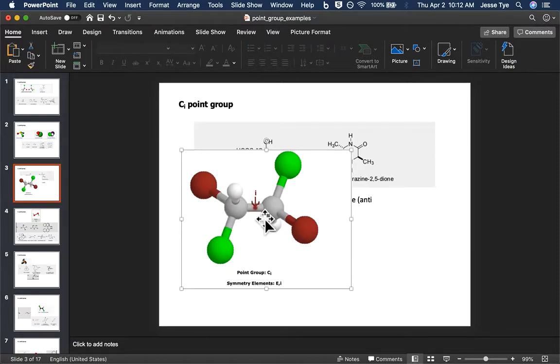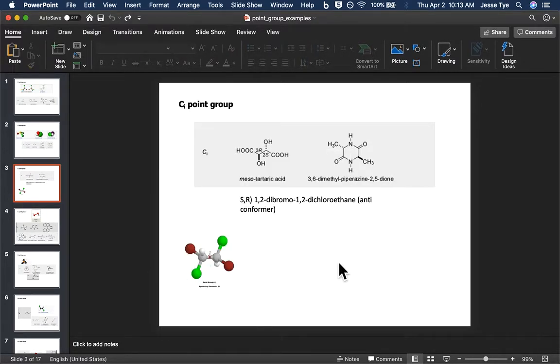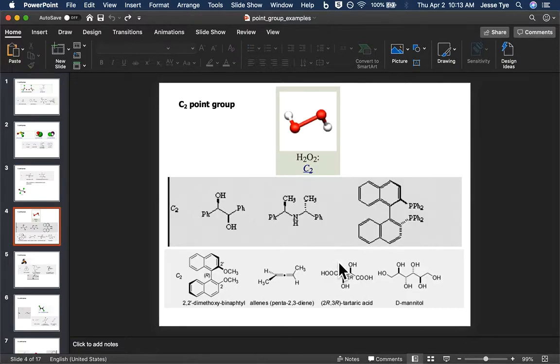So if I start here on the center, the inversion center, and I go left and up and out, I hit hydrogen. So I need to be able to go back and in and down and also hit hydrogen. Or both the chlorides here are in the plane. So if I go left and down, I hit chlorine. If I go up and right, I hit chlorine. So those are our really low symmetry groups.